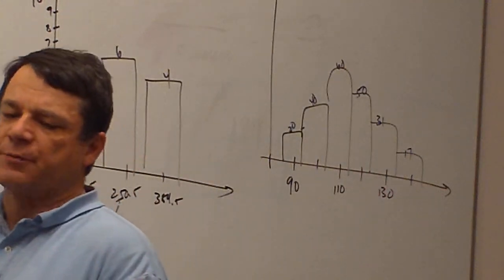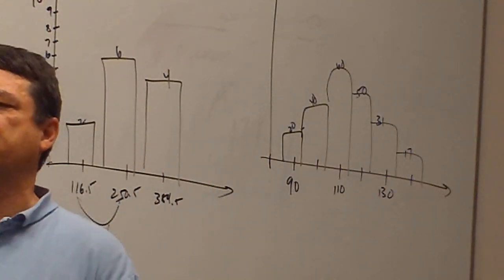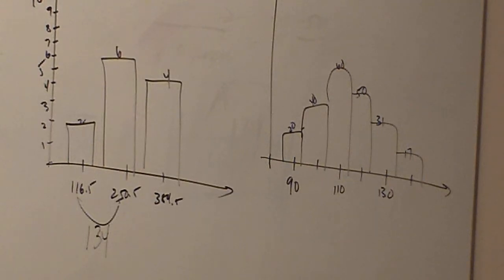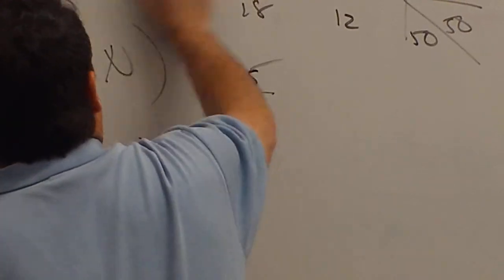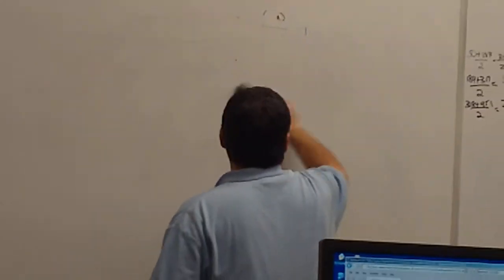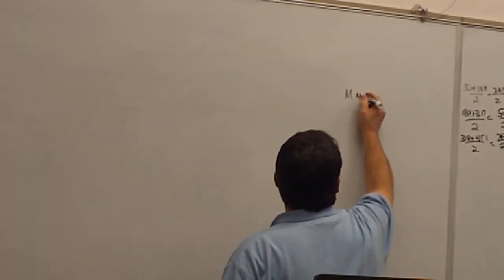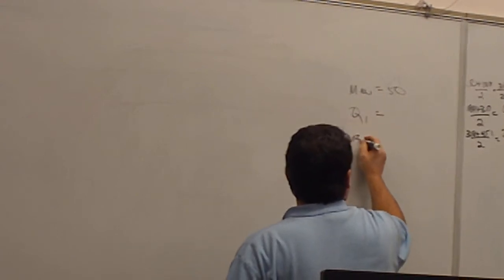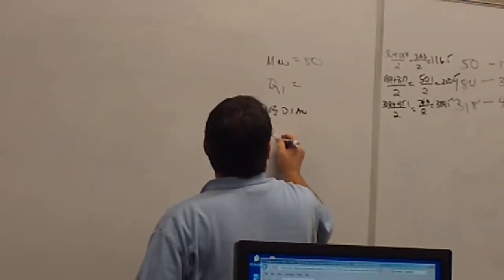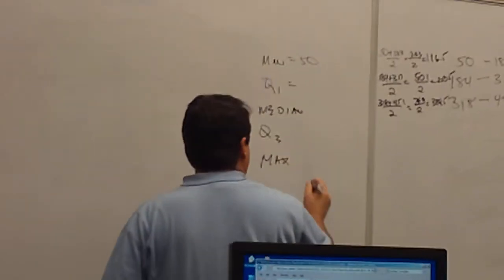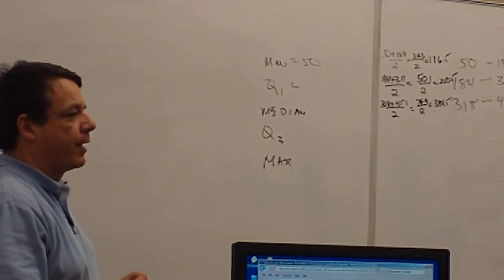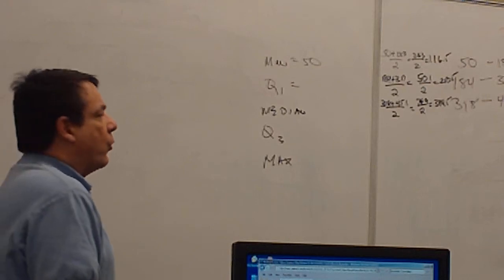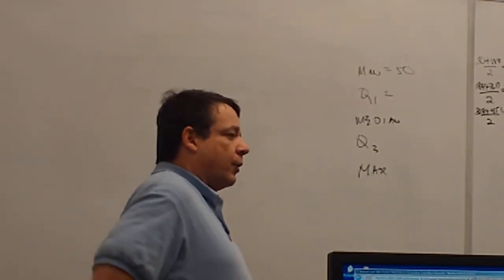All right. Last point of the problem is to find a box and whisker plot, or a box plot. Now, if you got that data in your calculator, it should be pretty straightforward, right? So in our calculator, we get the minimum, which was 50. We get Q1. We get the median. We get Q3. And we get the max, right? We get all that right out of our calculator. So what was the Q1?